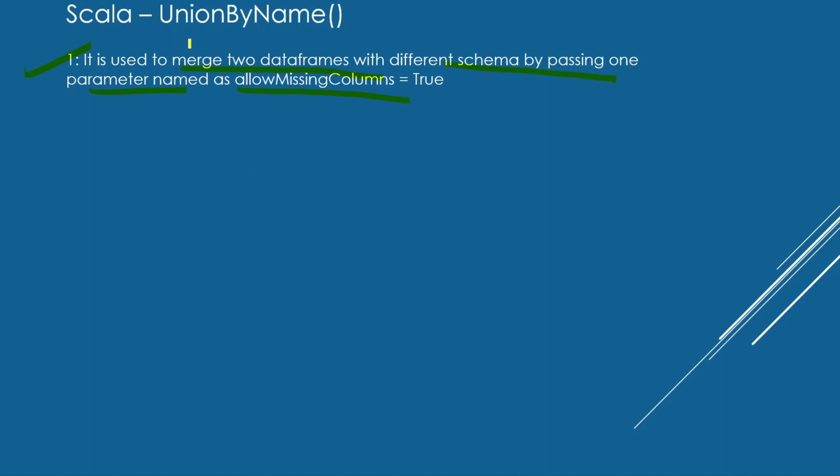Here the schema of the data frames could be different, but we can still merge both data frames with the help of the unionByName function, as long as we pass this argument as a parameter: allowMissingColumns equal to true.